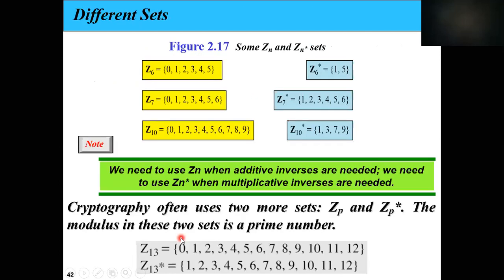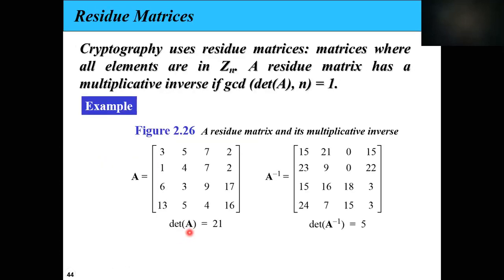So the determinant of A is 21, and the determinant of the inverse is 5. The GCD of 21 with 26 is 1, and the GCD of 5 with 26 is also 1.